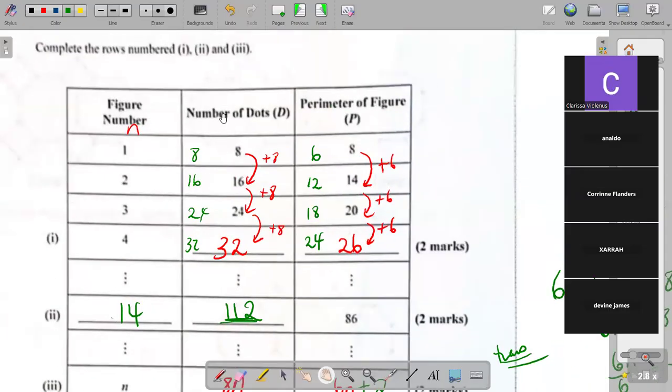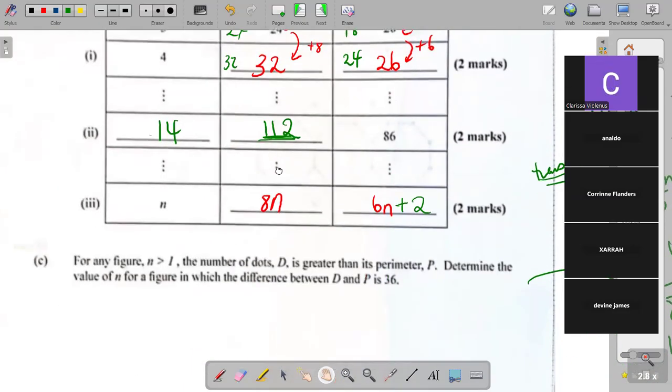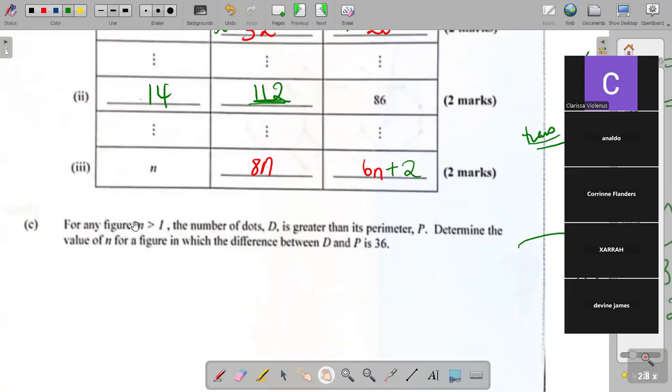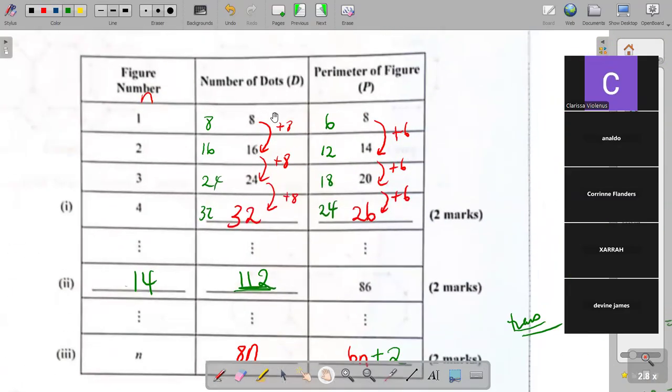So let's take a look here. This would tell us how much dots. So figure 1 always use 8 dots and it has 8 sticks. 16 dots, 14 around the perimeter. So let's go. For any figure where n is greater than 1, so that means every figure except figure 1. Why you think they did that?